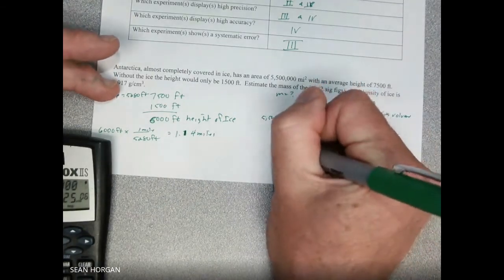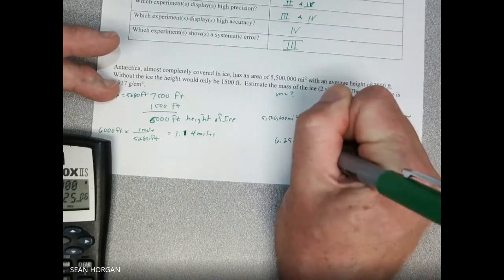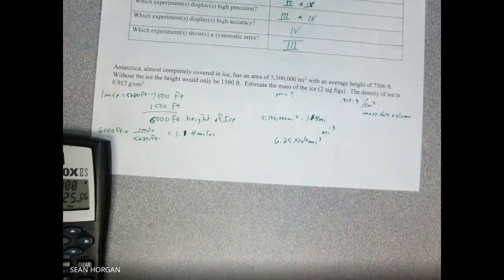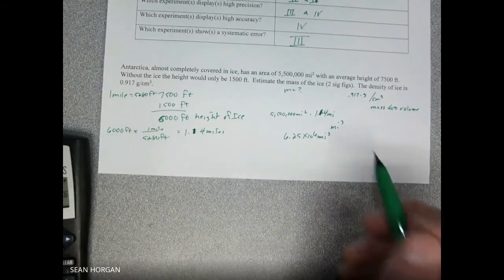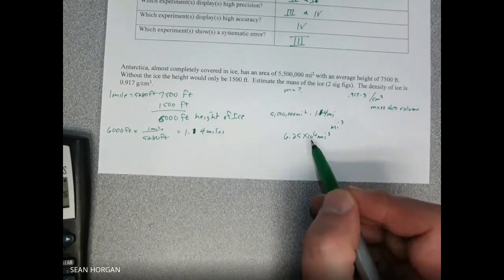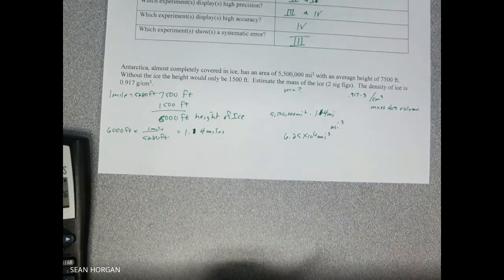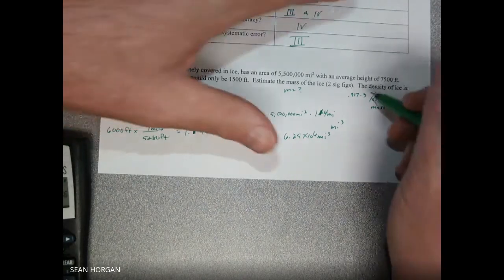And I get 6.25 times 10 to the 6th miles cubed. Too many loops on there, right? Okay, now I have to figure out a way to take this and convert it over into centimeters cubed. So I need some relationships, right? So I could look up miles to centimeters if I wanted to, right? But if I was on a test, I wouldn't be able to do that.